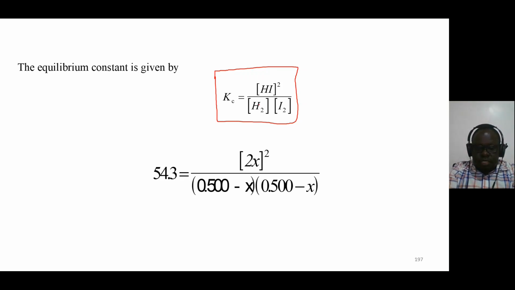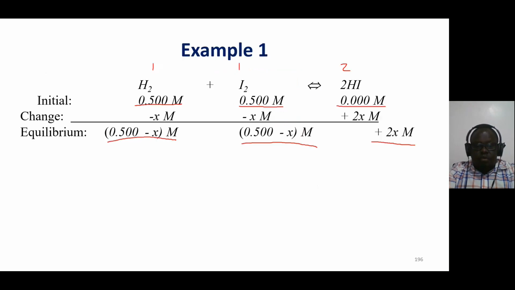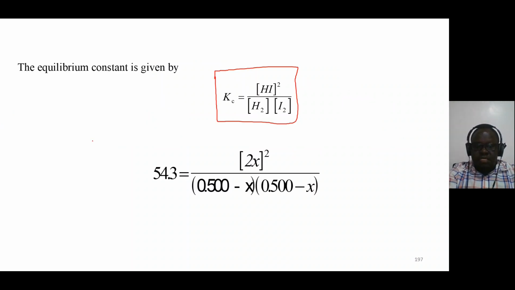So if we substitute the equilibrium concentrations that we have found into our expression, we know that Kc equals 54.3. This equals the concentration of HI at equilibrium squared, which is 2X squared, divided by the concentration of H2 at equilibrium, which is 0.500 minus X, and the concentration of iodine at equilibrium, which is 0.500 minus X.